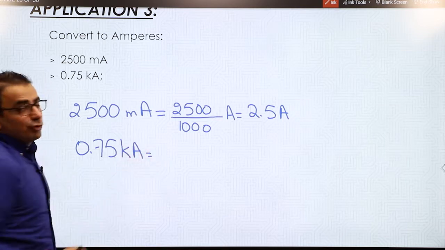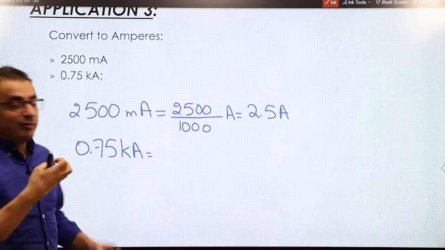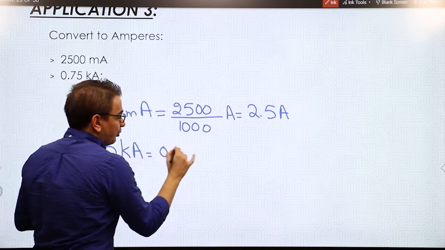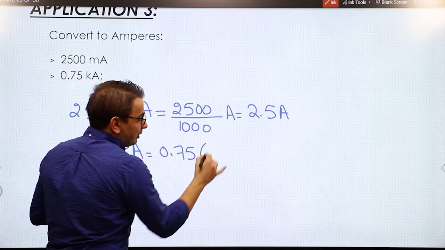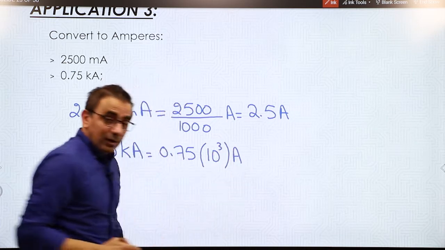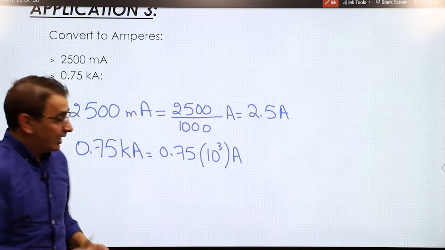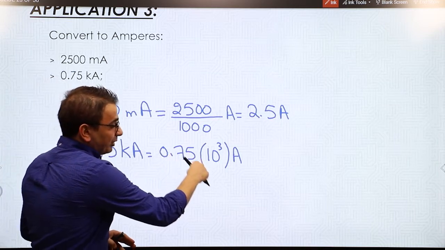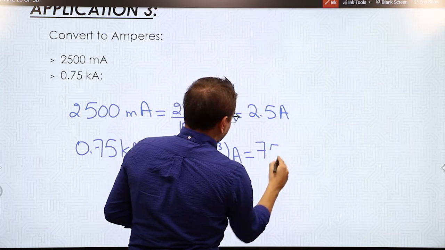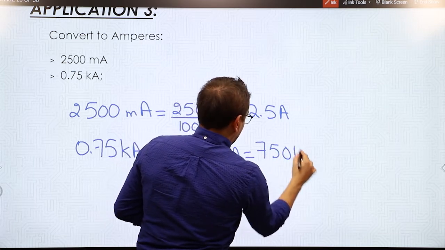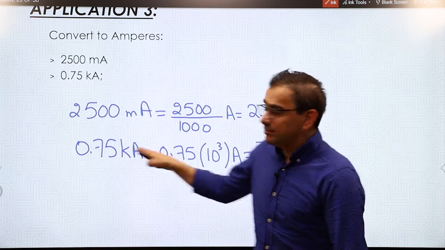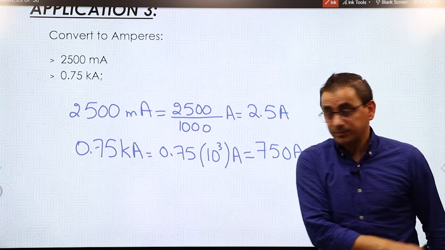What I like to do usually is take the prefix K and replace it by 1000. So this becomes 0.75 times 10 to the power 3 ampere. I think you are familiar with powers of 10. You move the decimal point 3 steps forward to give 750 amperes. Double checking, yes, all is good. So this is a simple application about conversion of units.